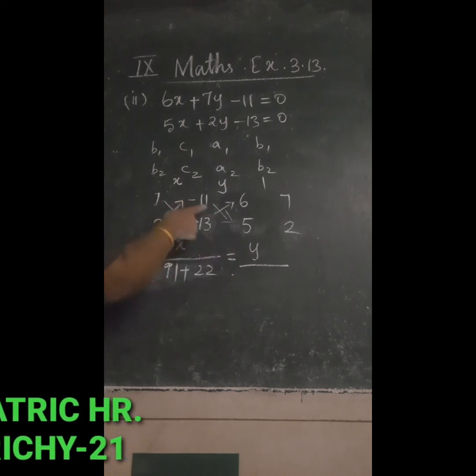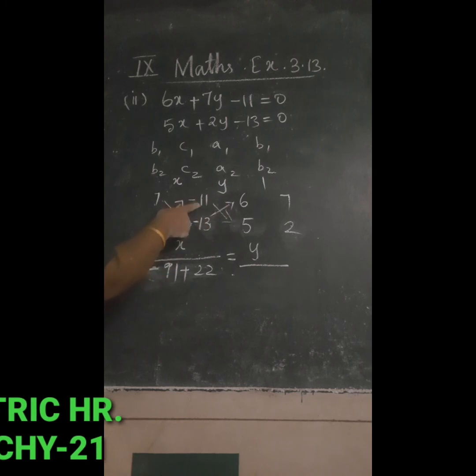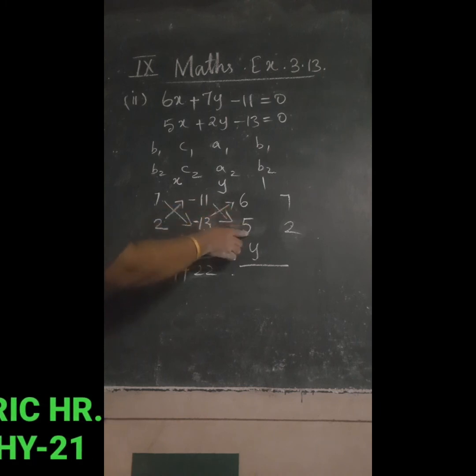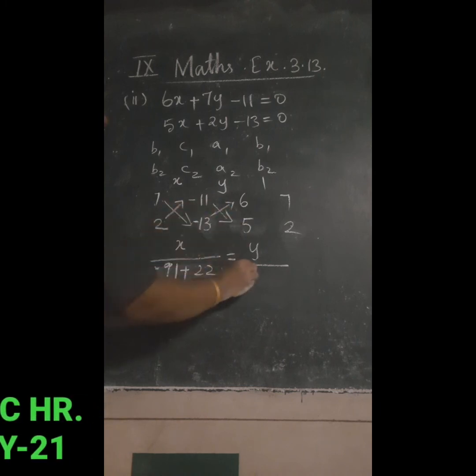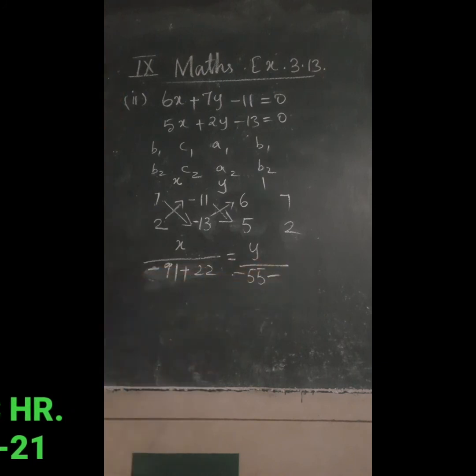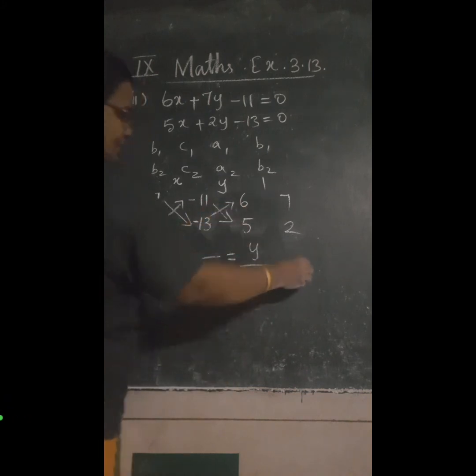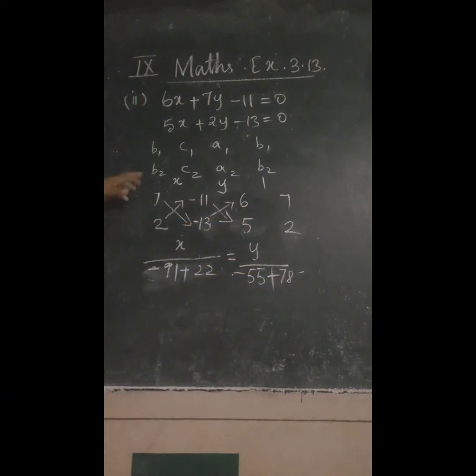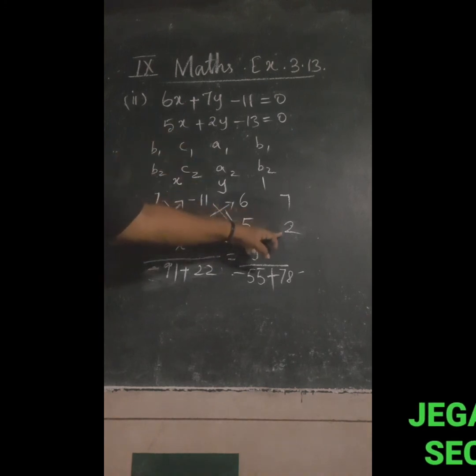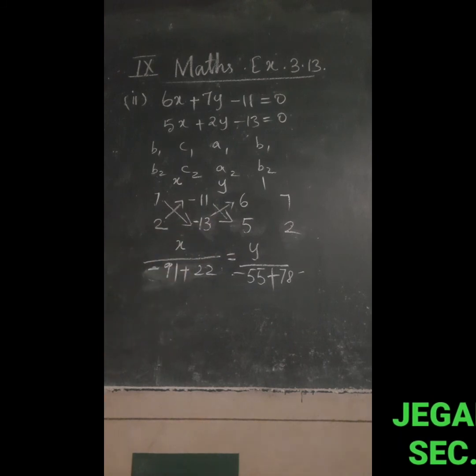And here y divided by 5 into 11, minus 55, and already minus is there, so plus 13 into 6, 78. Can you understand, students? So take it correctly, that is b2 is 2 and the constant term is minus 13 and 5 and again 2. Okay, is it clear to all of you?